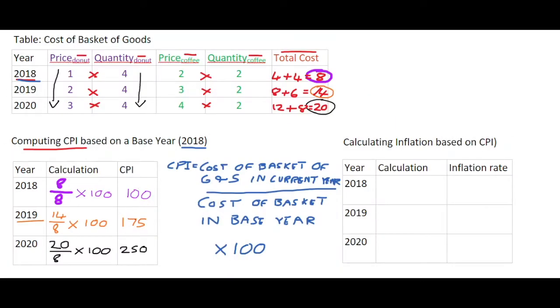But the usual way that we present these in economics is as percentages, and we present it as an inflation rate. So how do we move from a CPI index over 3 years to calculating the inflation rate? Well, what we have to do here is use another formula. So what we will say is the inflation rate, which I'm going to put in as this symbol here, pi, the inflation rate is equal to. So how do we calculate it?